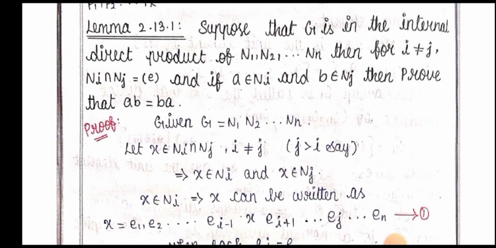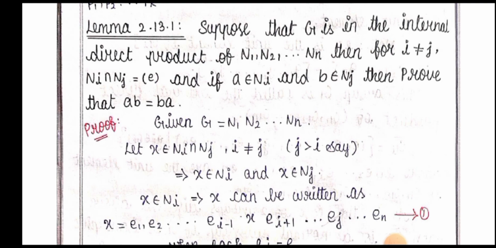Here in the statement it is understood that for the given group G, we have n normal subgroups N1, N2 and so on Nn. And for the second part we have to prove that it satisfies the commutative property.